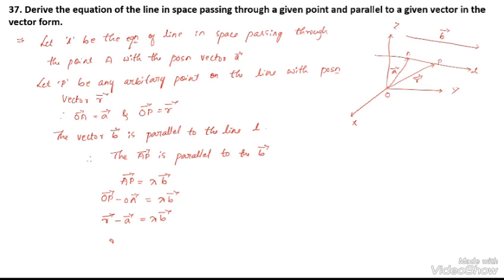We want the position vector r, so it becomes vector a plus lambda into vector b. This is the vector form of the given problem.